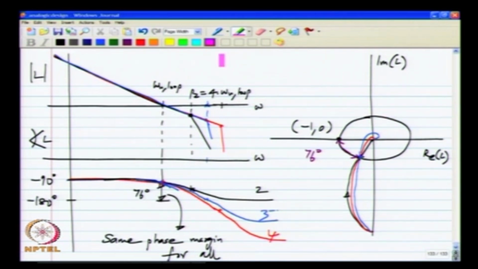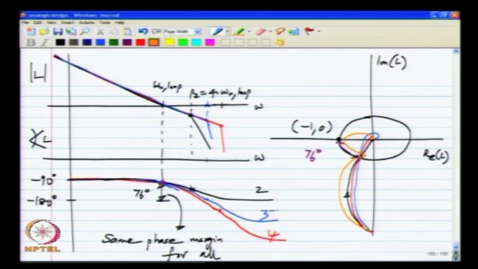The reason I am mentioning this is it is always possible to make a weird system with poles and zeros such that, let us say it has a 76 degree phase margin, and after it goes inside it can come back towards minus 1 and then go to 0. It is possible to come up with systems like that, and if you do that, it will be unstable even if the phase margin is 76 degrees.